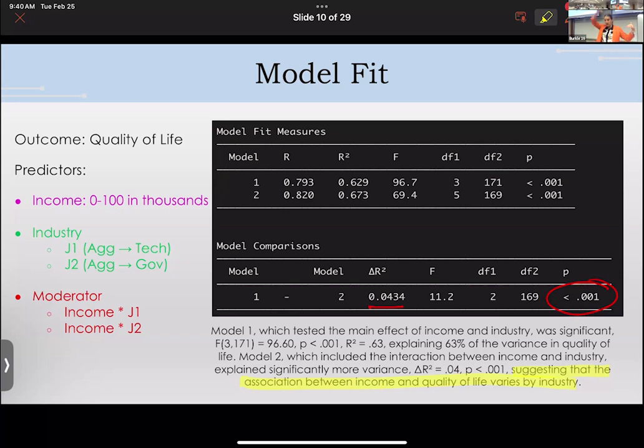That does not theoretically align to the fact that I'm conceptualizing industry as my moderator and income as my predictor. I'm purposefully talking about it in alignment to my research question and my model. That makes sense? It's not wrong to say they interact. Statistically, that's accurate. I'm storytelling always along the way in alignment to the research question, which is, does the effect of income on quality of life depend on industry?